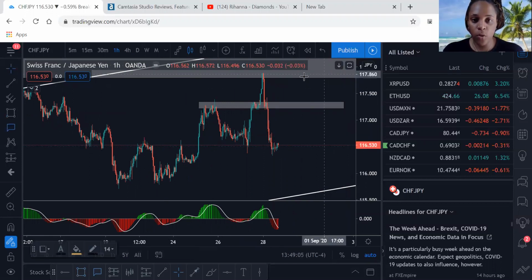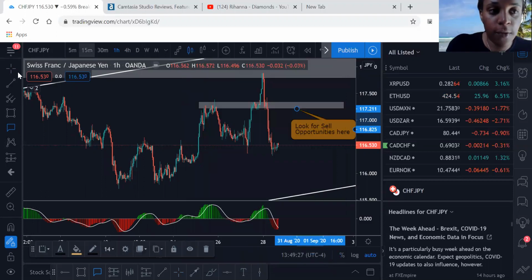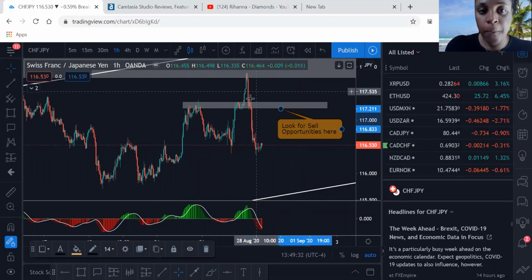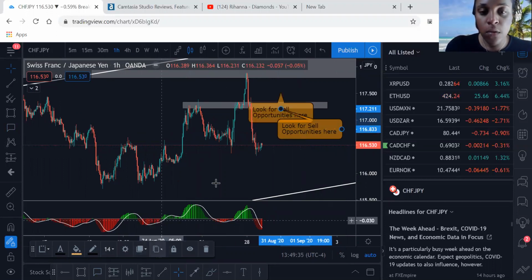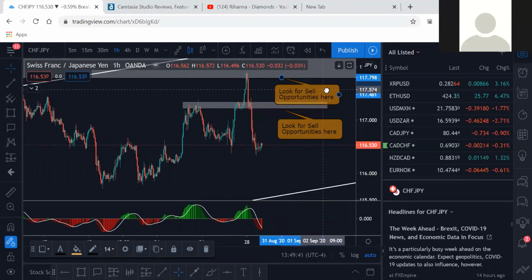Given that it's so close to the weekly zone, there's a possibility that it may touch it. So for notes, I would say look for some opportunities here, or here. If it breaks this one, it should go to the next one.